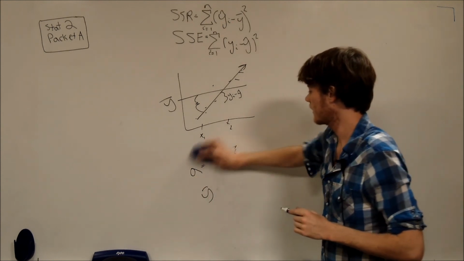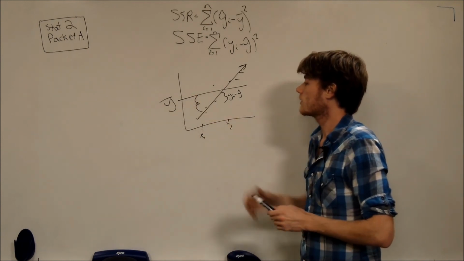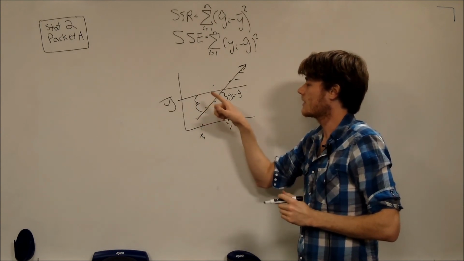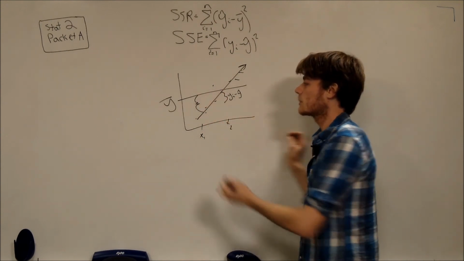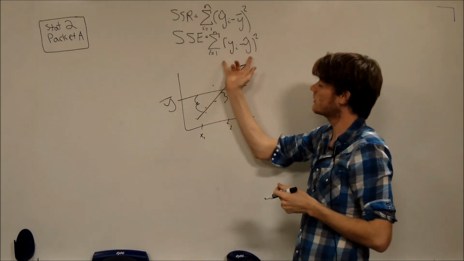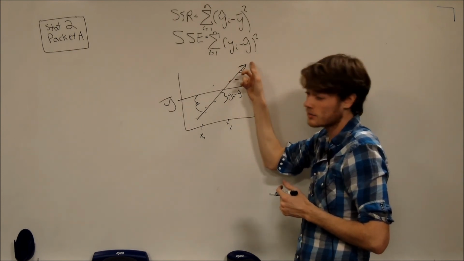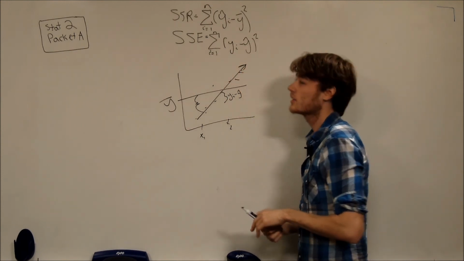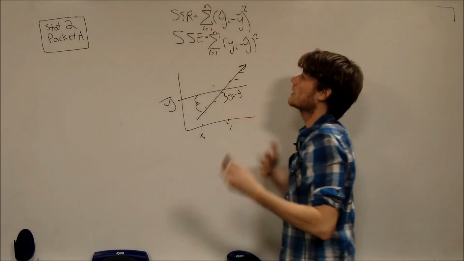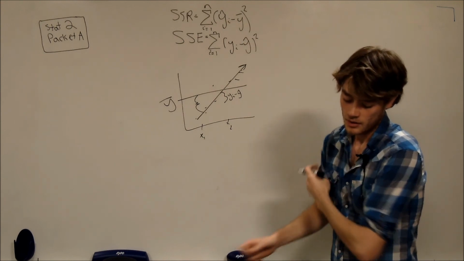They're equivalent statements. So you want to know if all of the difference between this line and this line is because there's a huge amount of difference between the observed and the expected values, or if a lot of the difference is because there's actually a lot of difference between the mean and the expected y values.